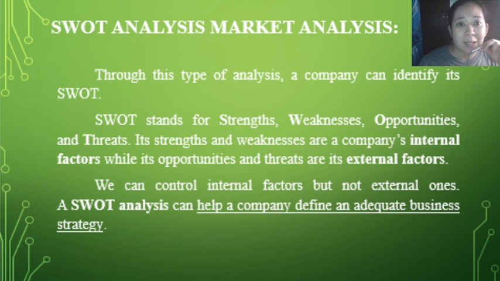So strengths and weaknesses are the company's internal factors. These are the controllable factors of the firm, while the opportunities and threats are the uncontrollable factors which exist outside of or beyond the control of the firm. So we can control internal factors, but not the external ones. A SWOT analysis can help a company define an adequate business strategy.